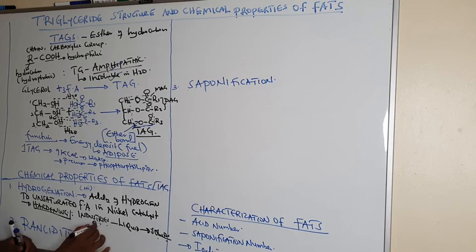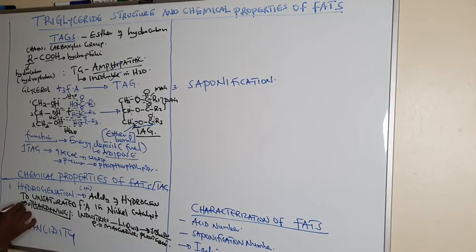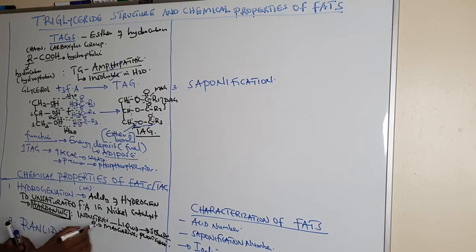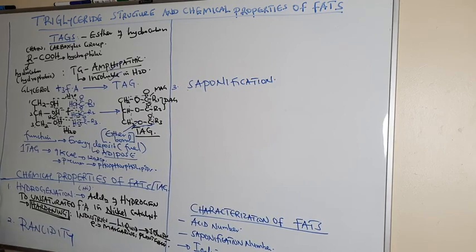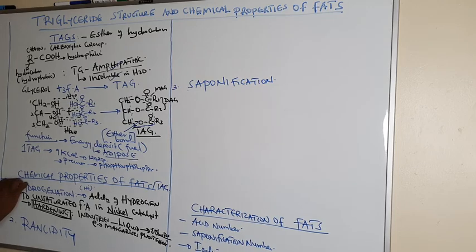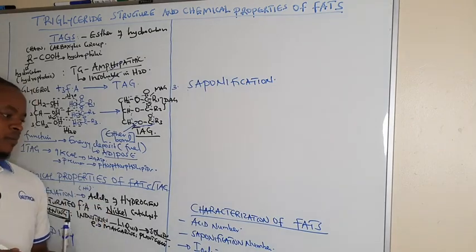For example, we have seen margarine, even plant oil ghee are manufactured by hydrogenation, whereby hydrogenation brings about the hardening effect, and it occurs in the presence of a catalyst known as nickel catalyst. So that is the first chemical property or reaction of fats.